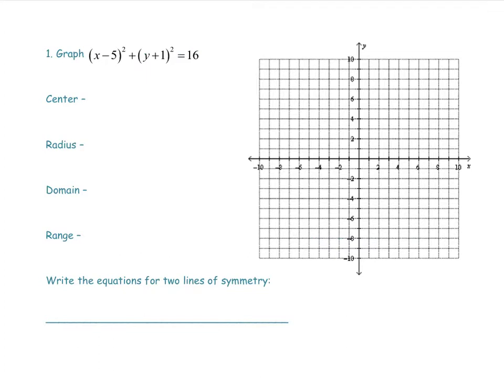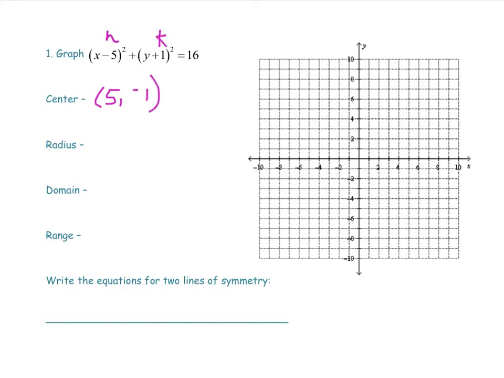Now let's do an example. We are going to graph a circle for the equation (x - 5)² + (y + 1)² = 16. First, let's find the center. Now remember, the center is (h, k). So my h value would be positive 5 and my k value would be negative 1.